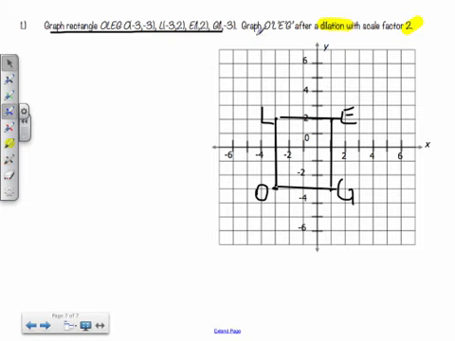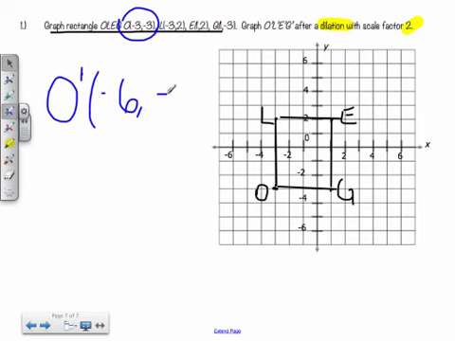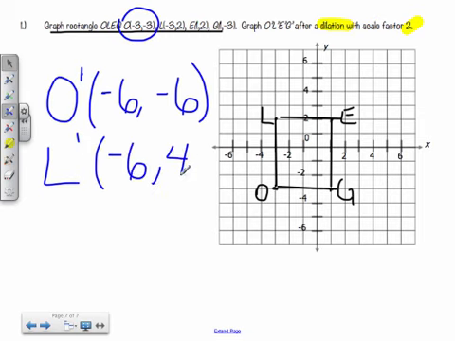So if O was -3, -3, that means that O prime would become -6, -6. All right. And then if L was -3, 2, that means that L prime will become -6, 4. Please press pause and see if you can get E prime and G prime, and then when you finish doing it, compare your answers with mine to see if you got the right answers.